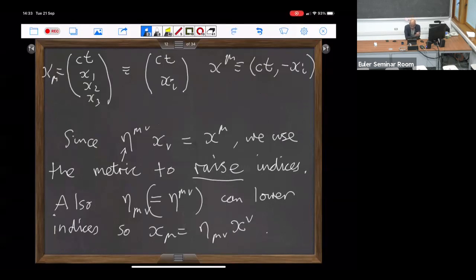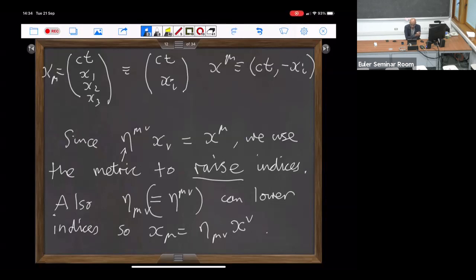It's important to remember that we can then just use eta mu nu to convert something with a lower index to something with an upper index. Okay? And similarly, the same matrix, but written with both lower indices, eta lower mu nu, can lower indices.